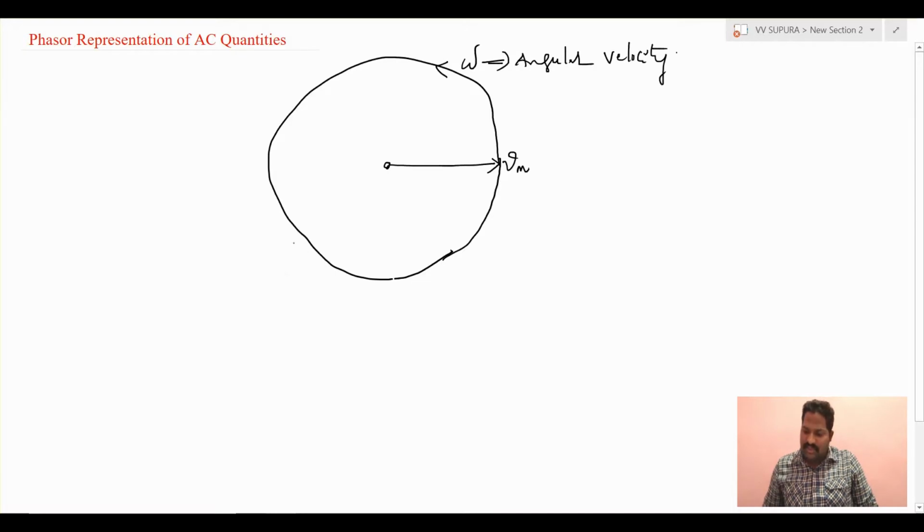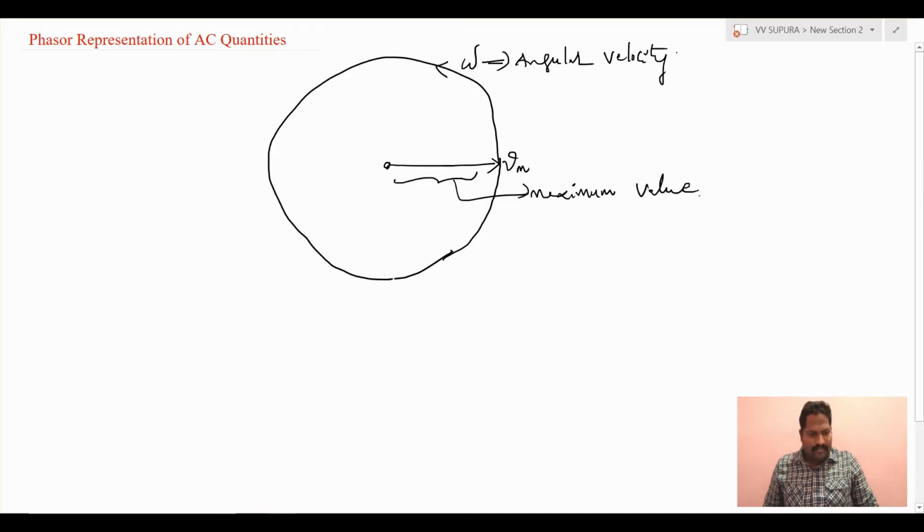Length of this line is nothing but the maximum value, right? A phasor is a line of definite length rotating in an anti-clockwise direction at a constant angular velocity omega. The length of the phasor is equal to the maximum value of the alternating quantity, and the angular velocity is equal to the angular velocity of the alternating quantity.